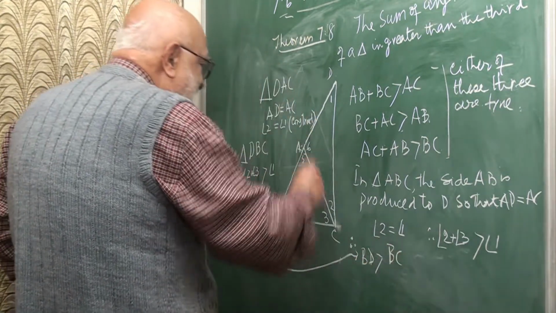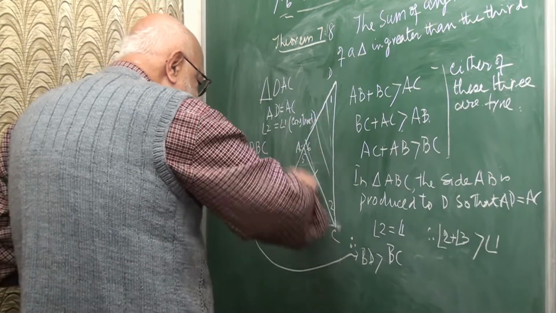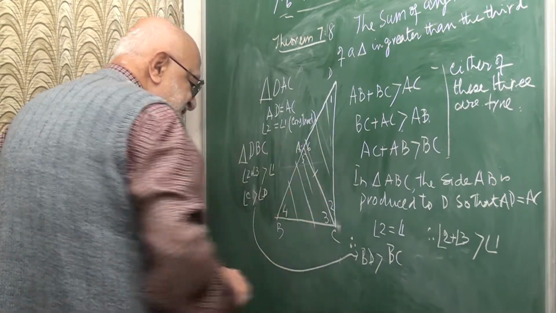In this total triangle, BD is greater than BC.